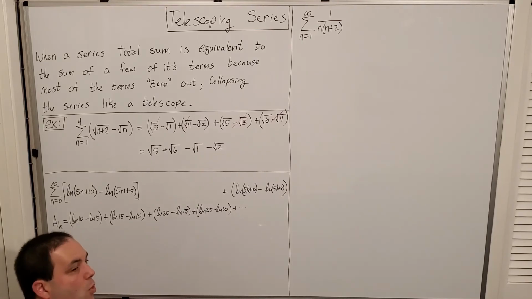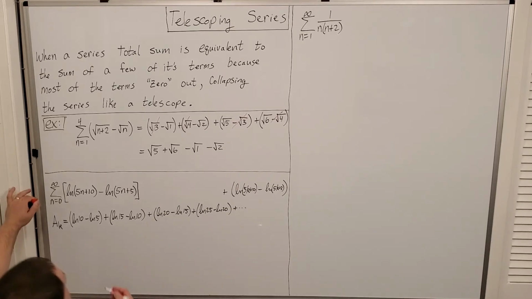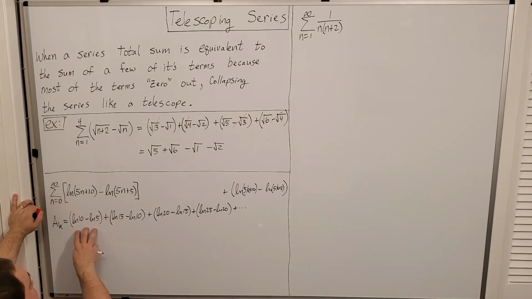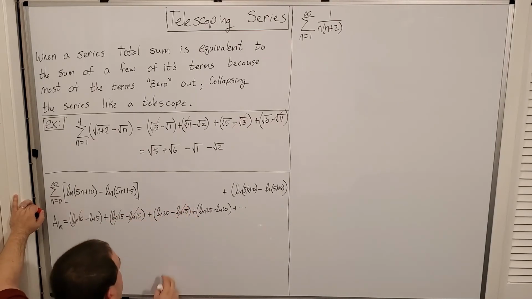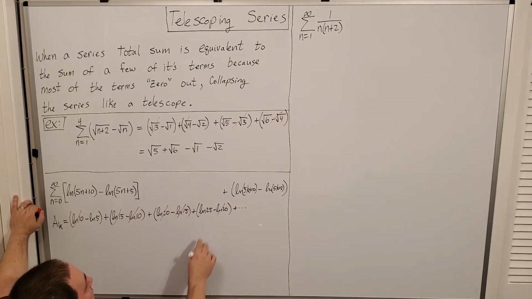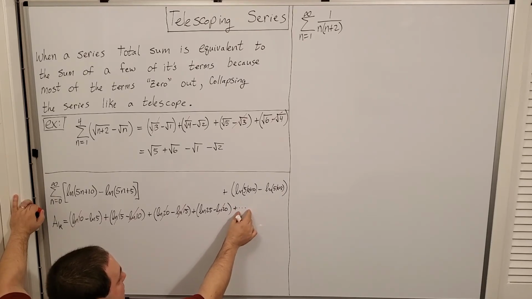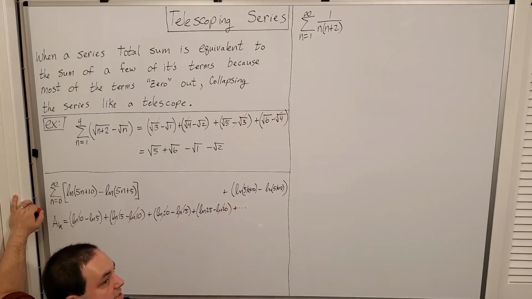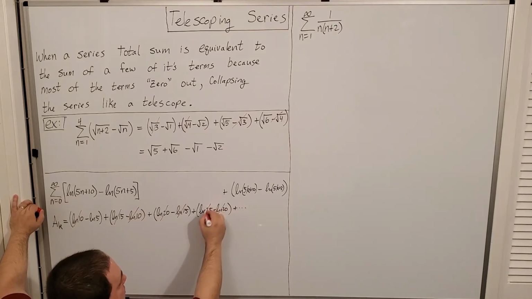Okay? So now what we're going to do is we're going to follow the pattern here. We're going to start collapsing. So if I pick a term, the first of this one and the last of the next one. The first of this one, the last of the next one. The first of this one, the last of the next one. So naturally, what's going to happen? I've actually added everything in between here. I just didn't list it all out. The ln 25 is going to wipe out with the next one.